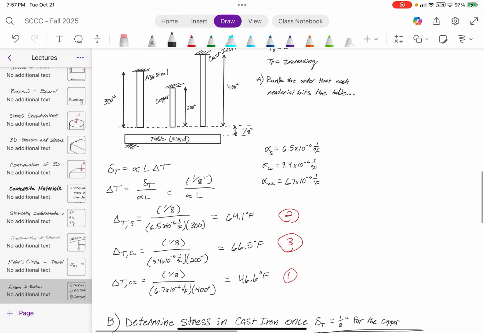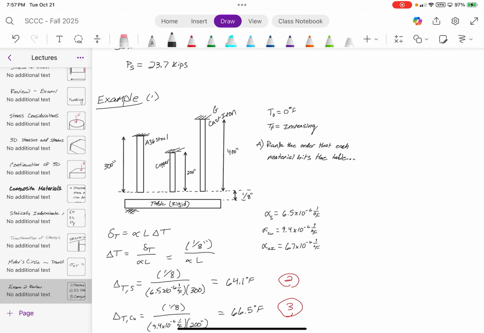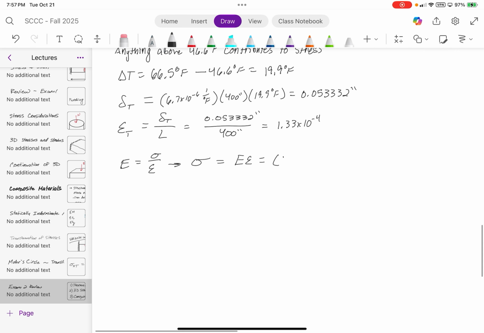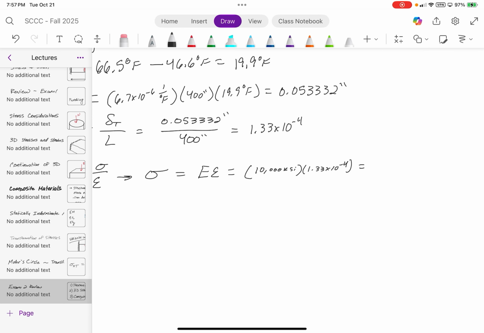I used 10. You used the 10 KSI, so we'll say that this is actually gray cast iron. So 10,000 KSI times 1.33 times 10 to the negative 4. And what did you get? Well, I did PSI. 1,333.3. Yeah, so 1.33 KSI.